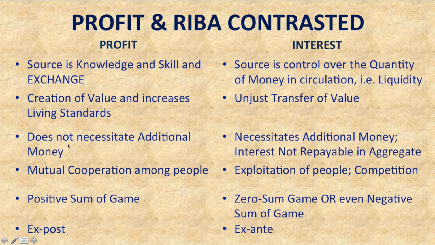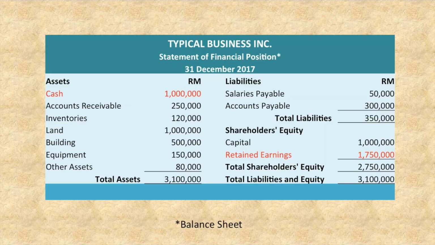Thirdly, profit does not necessitate additional money. To illustrate this, we can use this simple, typical statement of financial position. Now, this is the cash, and we do not need to increase the cash in order to increase the profits.